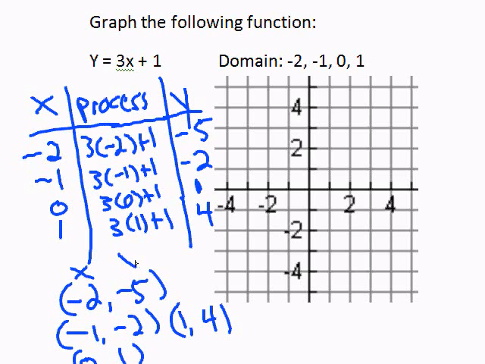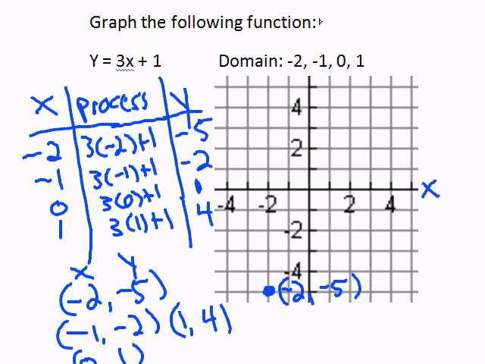-2 being the x value, -5 being the y value. So we go -2 on our x-axis, and we go down to -5 on our y-axis, and there's that point. -2, -5. You do not have to label the points unless I ask you to.